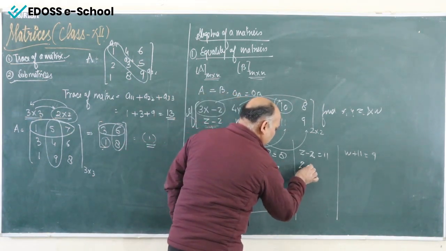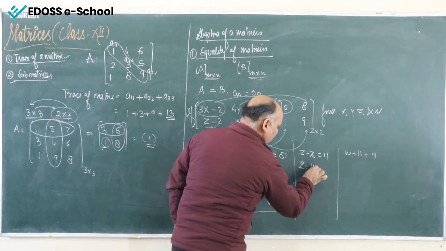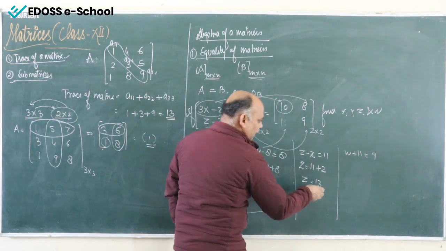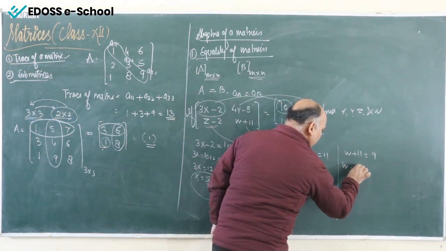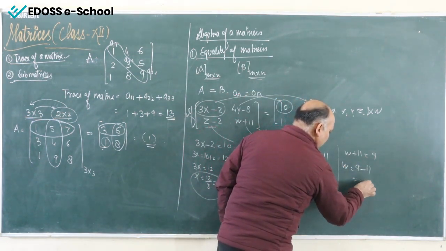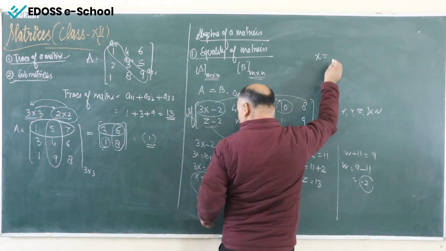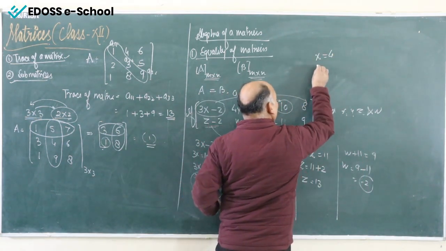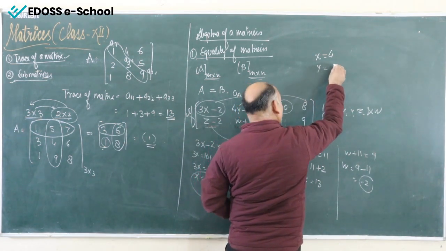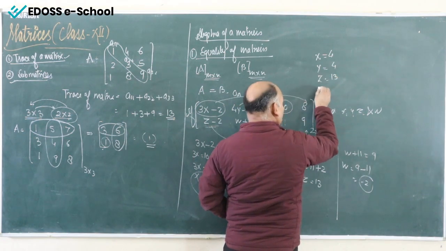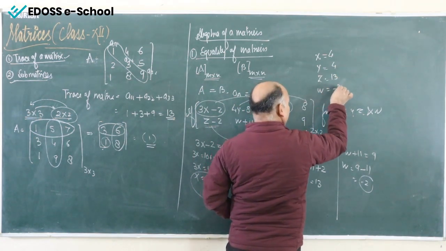Then z minus 2 equals 11, so z equals 11 plus 2, that is 13, and w equals 9 minus 11, that is minus 2. Then we can say x is equal to 4, y is equal to 4, z equals 13 and w equals minus 2.